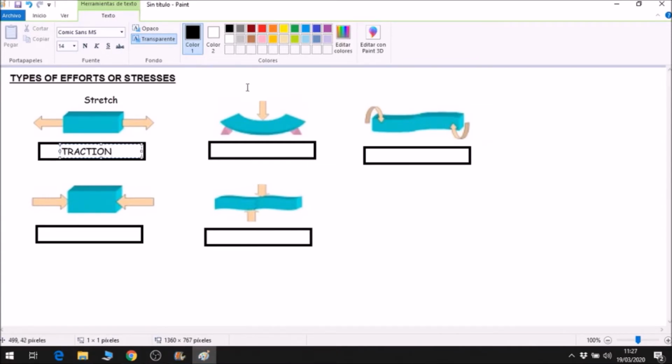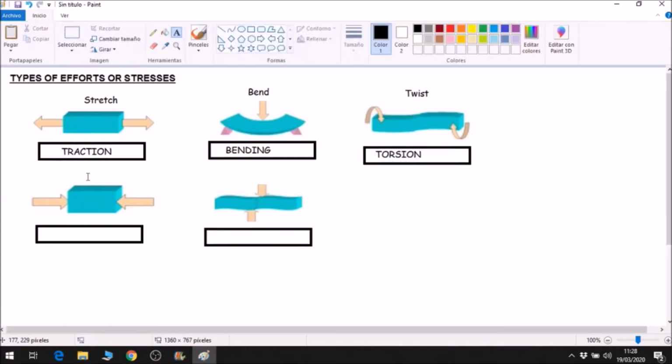In the second one, forces are trying to bend the object. So we are talking about a bending stress. In the third one, forces are trying to twist the object. So we are talking about a torsion stress.